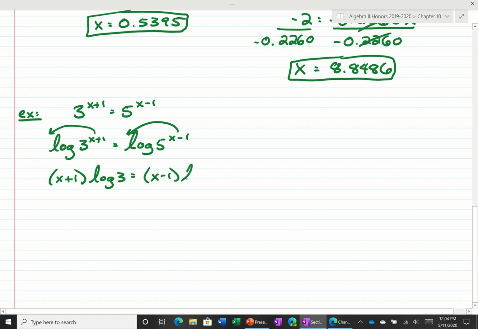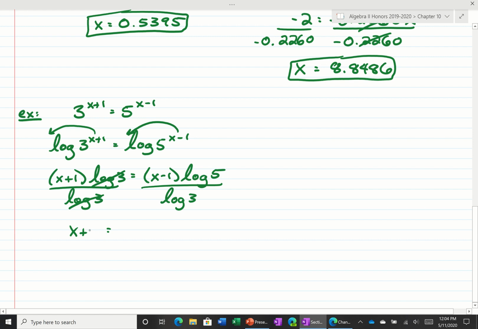Remember, we're multiplying both sides by x minus 1, so that's why it needs parentheses. I would divide both sides by one of the logs. It's going to be a little bit sloppy, but I'm confident that you guys could handle this.